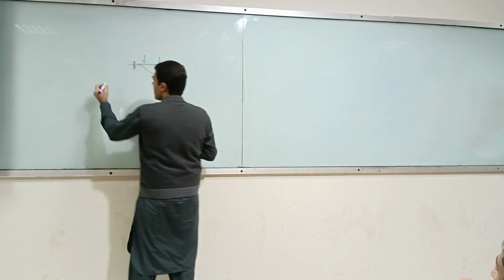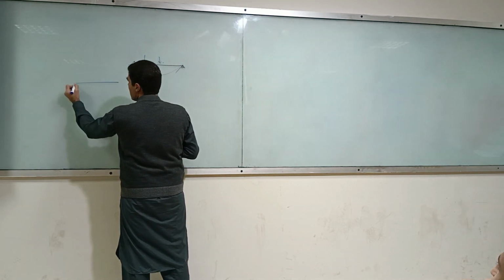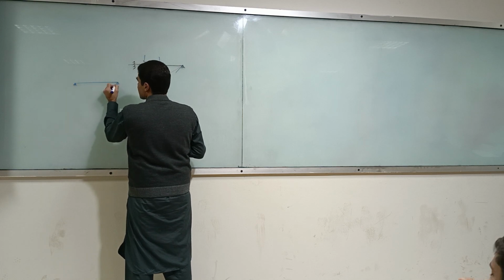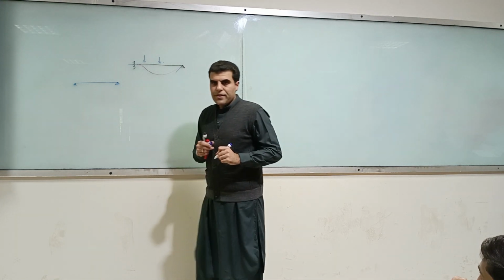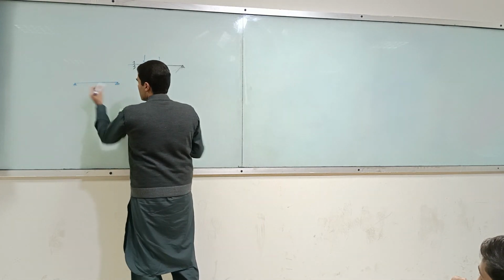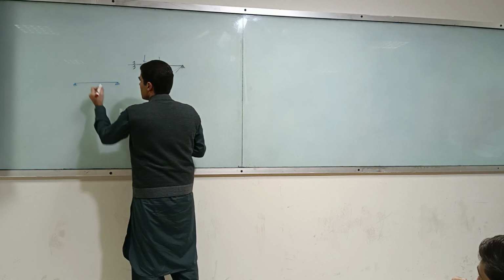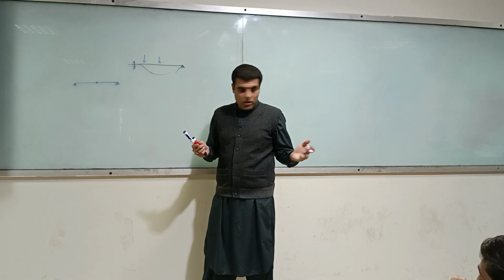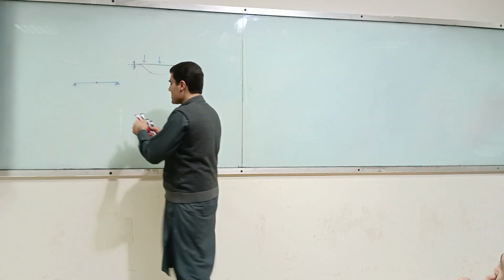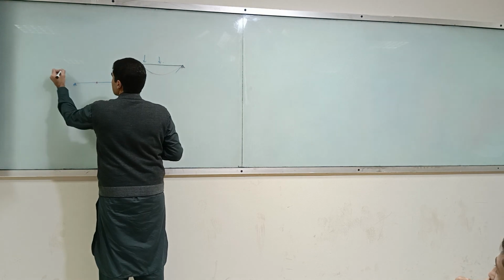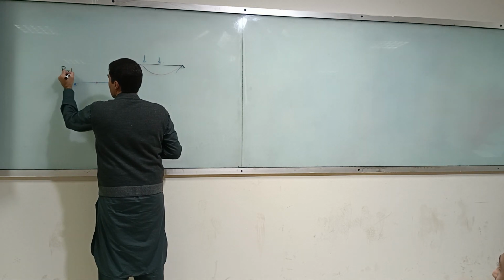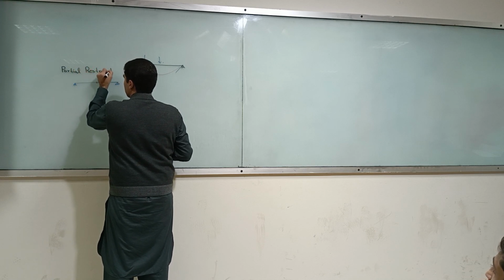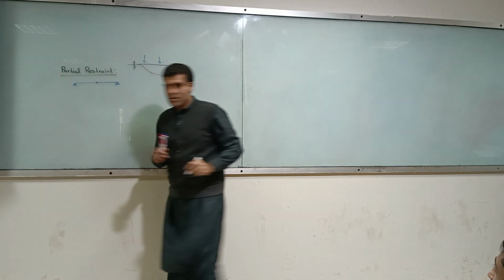By partial restraint, we mean that you have, for example, a structure like this, and you provide an internal hinge in the middle. This becomes unstable. So this is something which is called partial restraint.